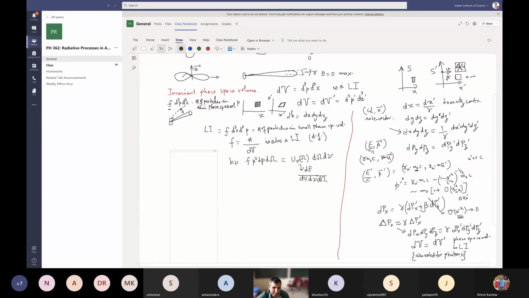This is the energy density that we introduced, and the same thing is written in terms of the distribution function, f times d omega p squared dp. This is the number of photons per unit volume, and this is the energy.